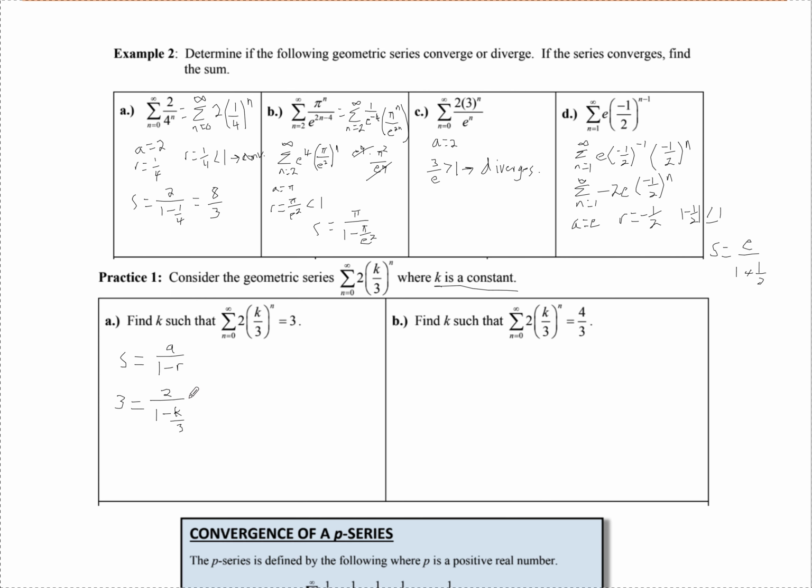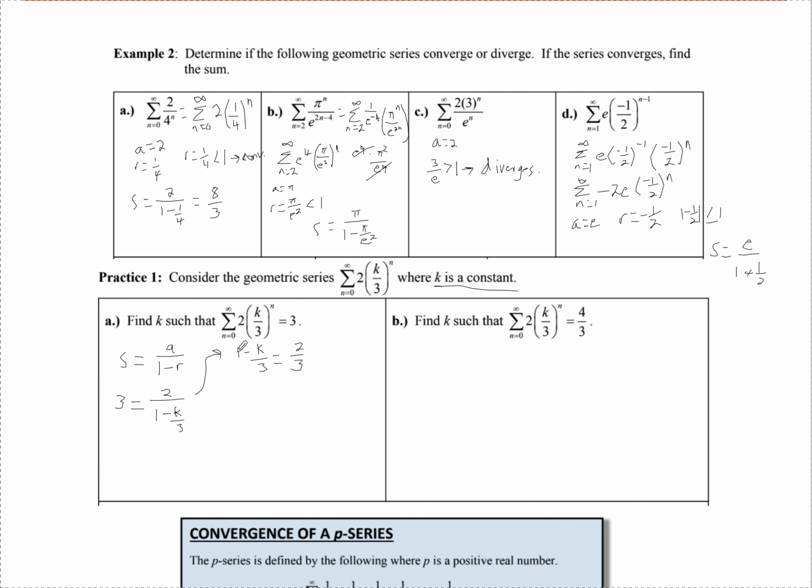Oh, that's kind of nice, right? There are lots of ways that we could approach this and use our algebra to solve it. What I'm going to do here is multiply this denominator to the other side and divide by 3. I can multiply 1 minus K over 3 to the left, and divide 3 to the other side.